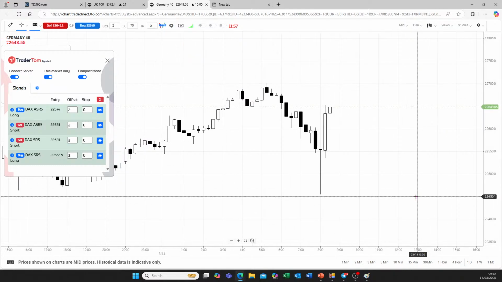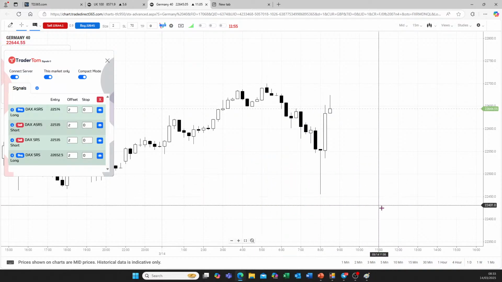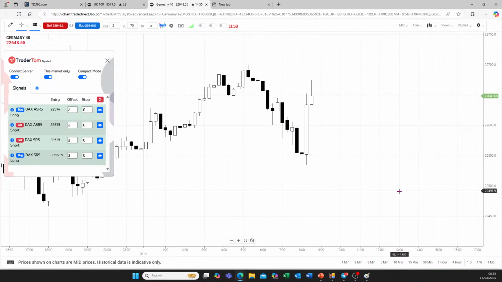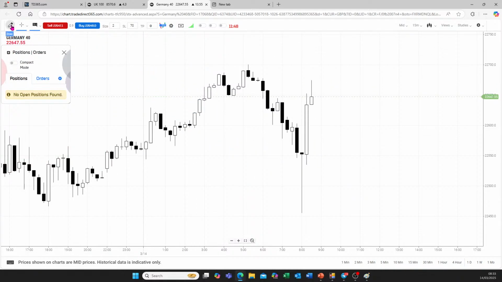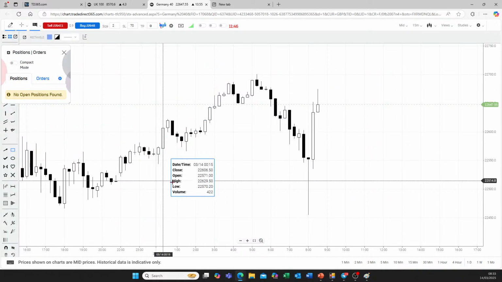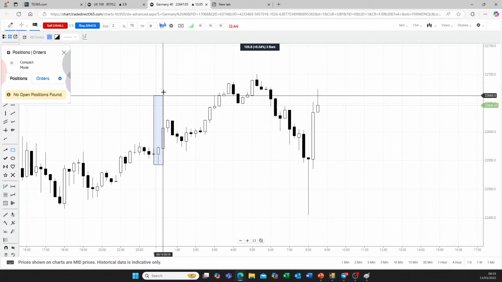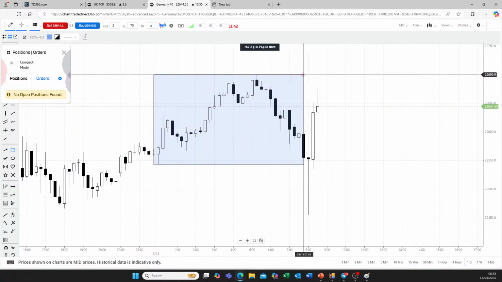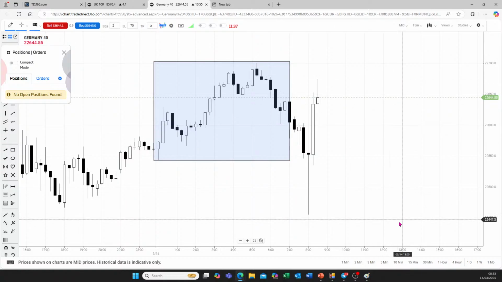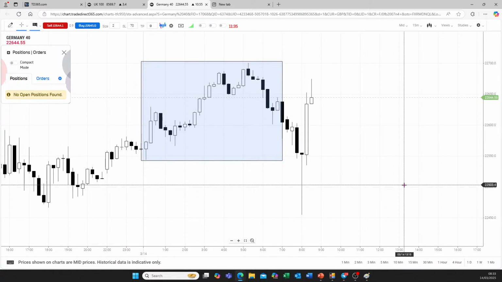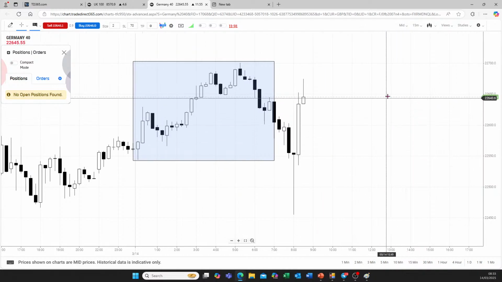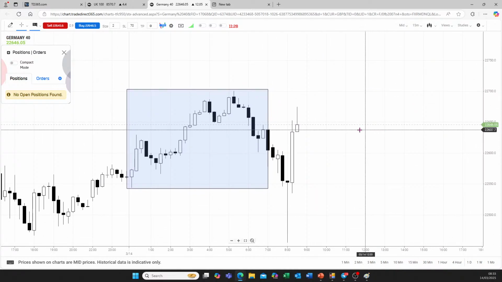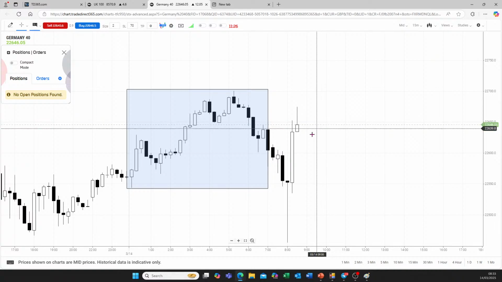Now, if we look at the DAX from the point of view of the overnight range, then you'll see that the school run, which is the second 15-minute bar, its trigger came within the overnight range.